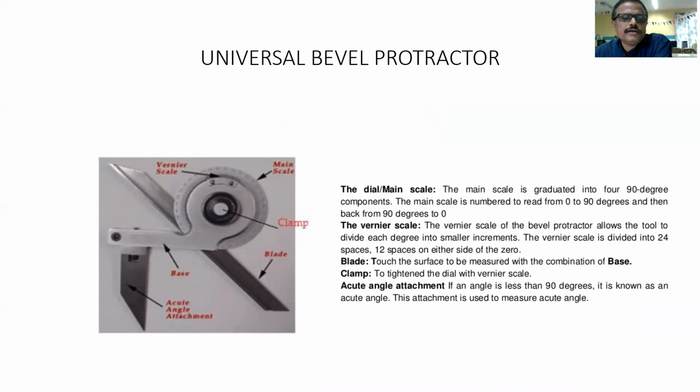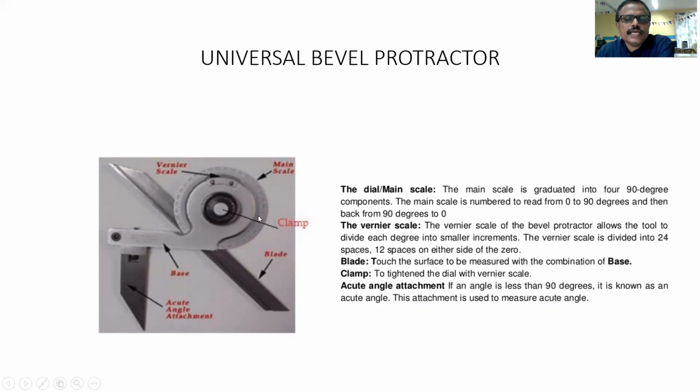So there are different types of protractors. One such protractor we are seeing here is a universal bevel protractor. In this universal bevel protractor, there is a main scale here. This is one important part.